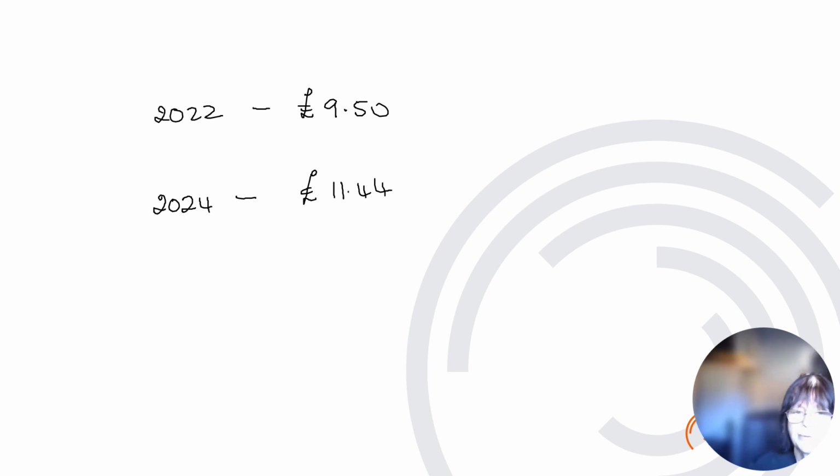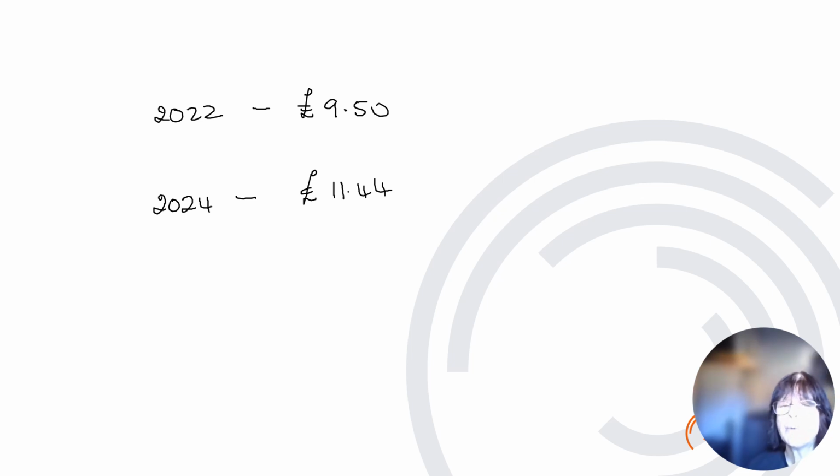So the last one that we're going to look at today is the percentage change in minimum wage. In 2022, the minimum wage for adults, who were 23 and above then, was £9.50. By the end of 2024, it was £11.44 for adults.